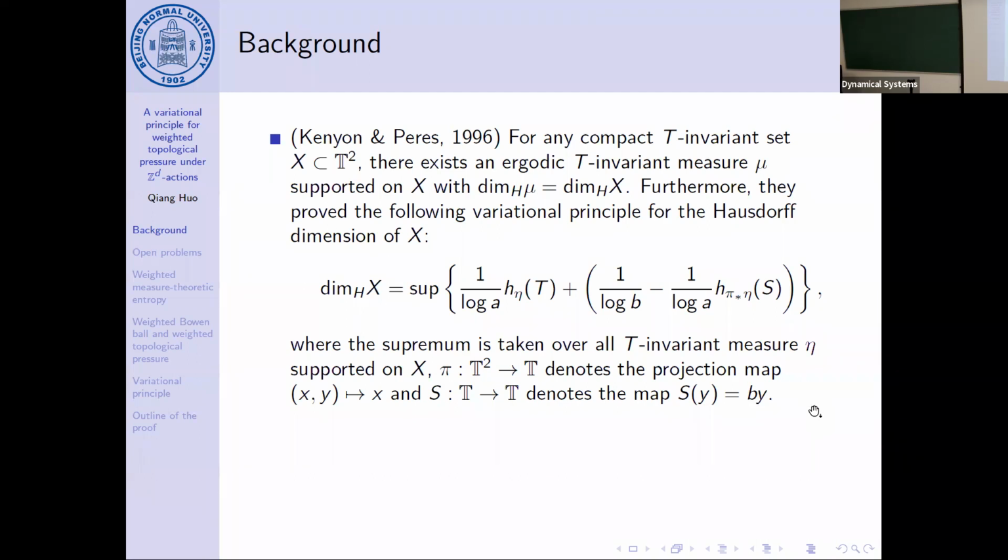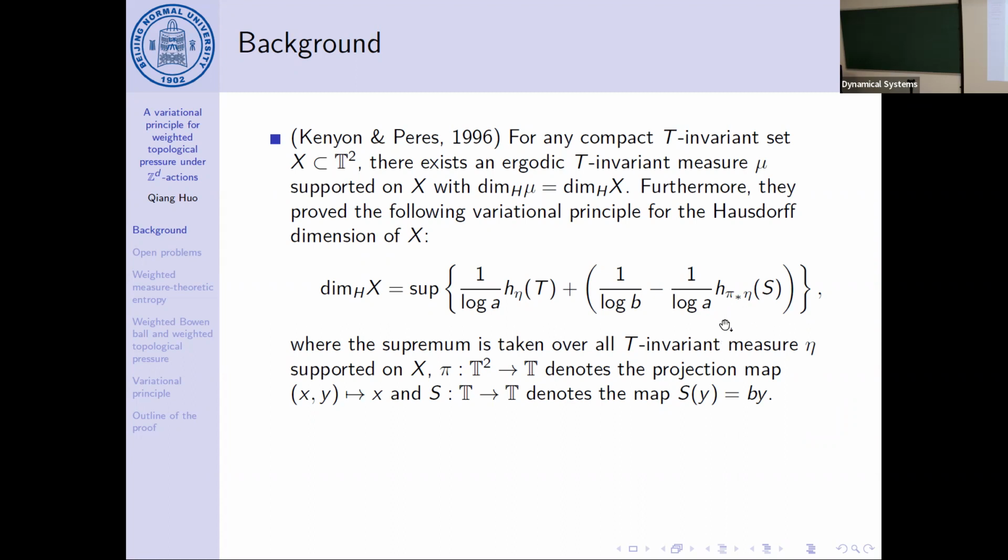Let me try to read this formula. I think this is the Ledrappier formula. Yeah, it is the Ledrappier formula. And maybe it is useful to write the last expression: 1 over log A is entropy to the left.